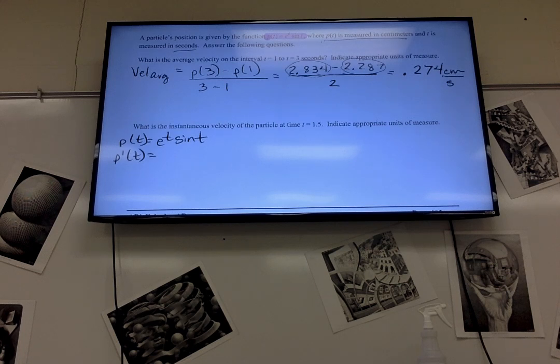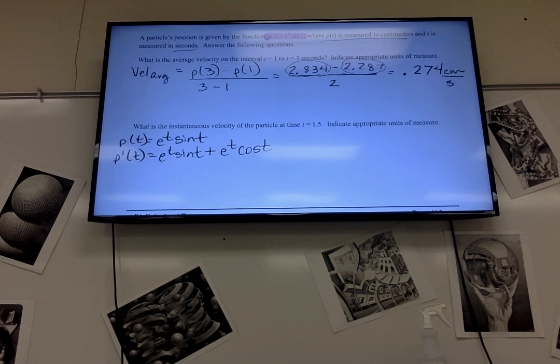Take the derivative of e to the t times t. E to the t times the derivative of t, which is 1. So e to the t sine t, plus e to the t cosine t. Very good. We did it.